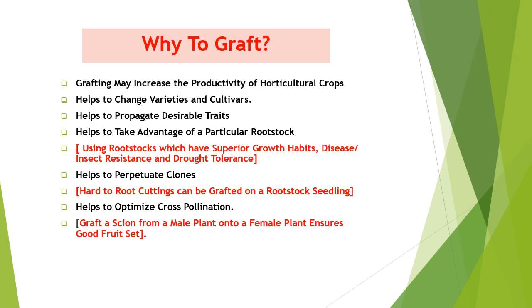As it is now clear to you, grafting may increase the productivity of a horticulture crop. It helps to change varieties and cultivars, and helps to propagate desirable traits, because you are taking a scion which has a desirable trait and a robust root system which is drought resistant.